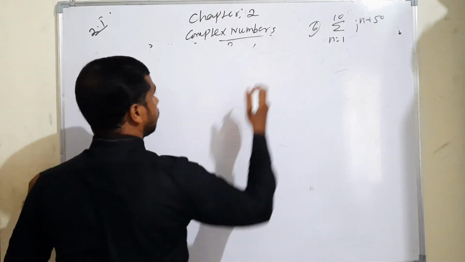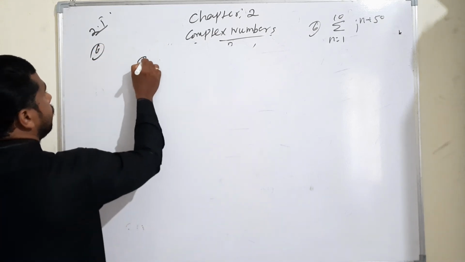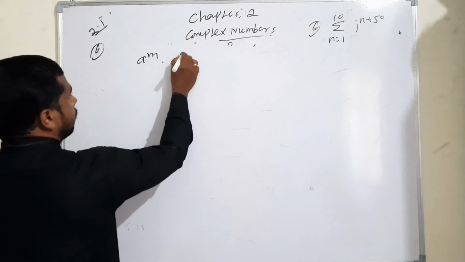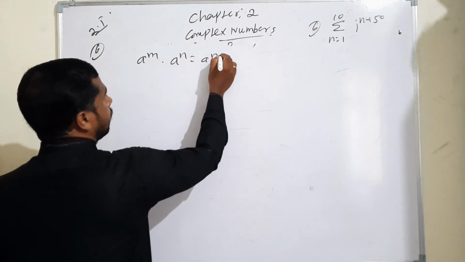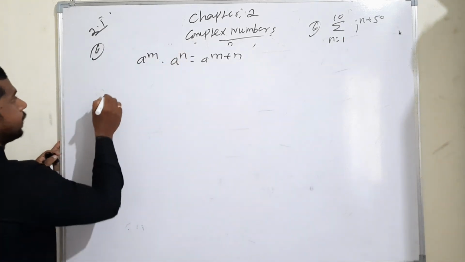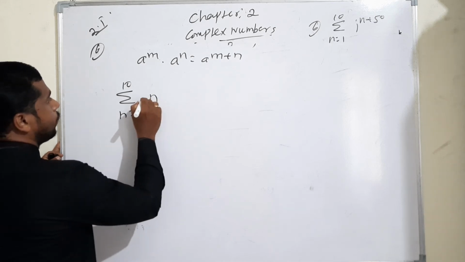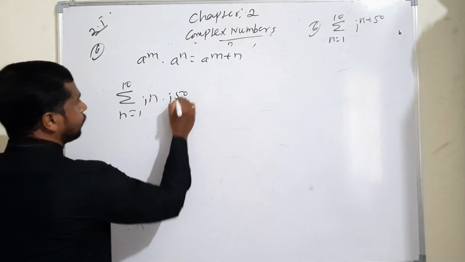Already we know the formula: a to the power m into a to the power n means a to the power m plus n. So there we can split it: summation of n is equal to 1 to 10, I to the power n into I to the power 50.